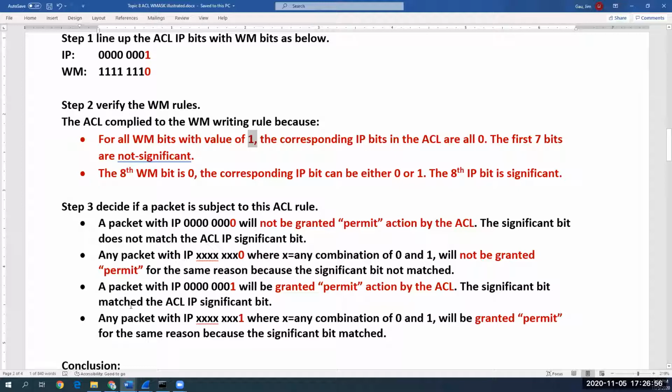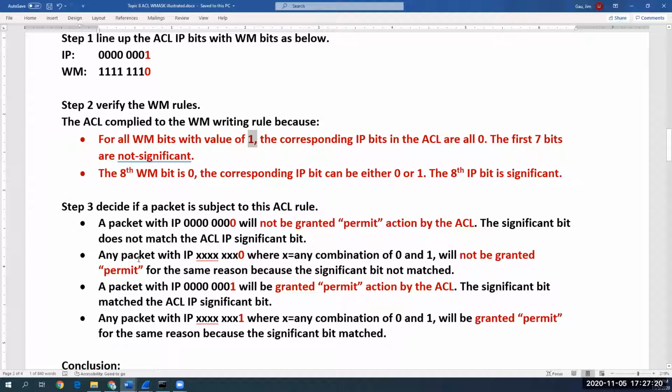The significant bit here is the 1, and the incoming IP's corresponding bit is a 0. So 0 and 1 don't match. Therefore, of course, this ACL doesn't apply to this particular packet with the IP of eight zeros.